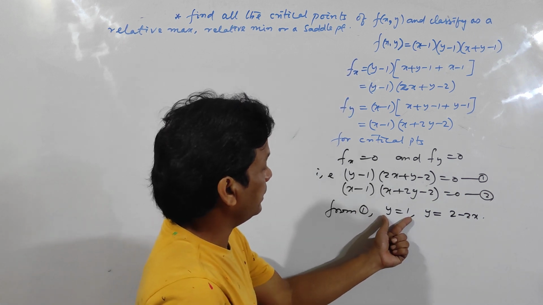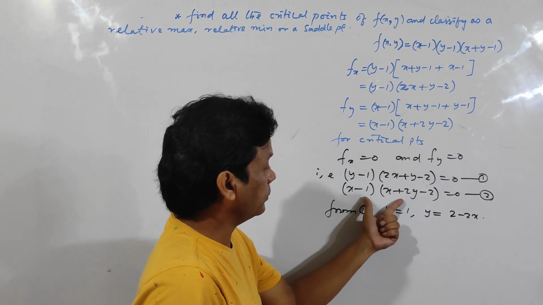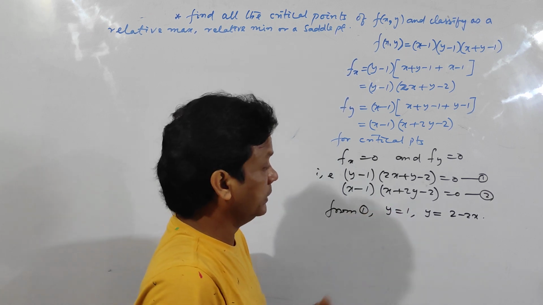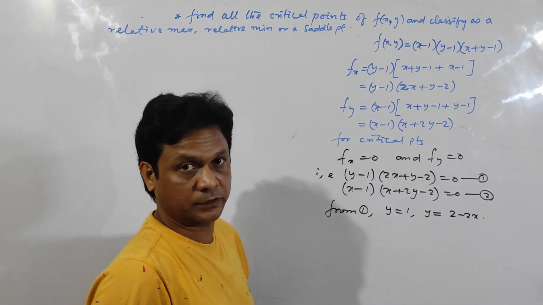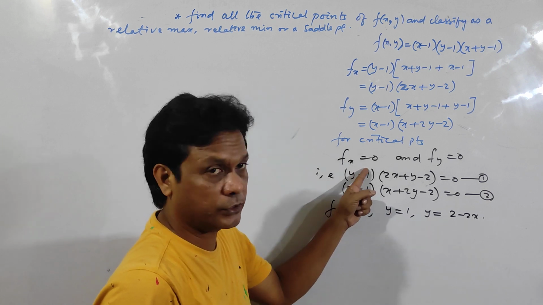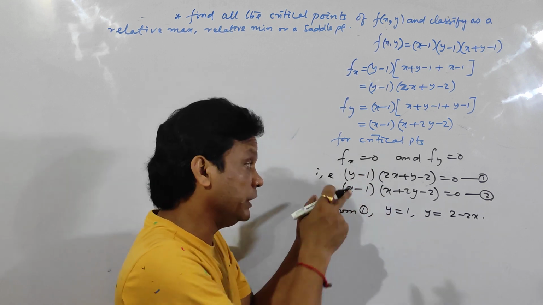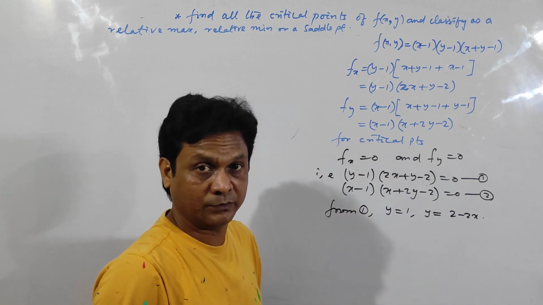So first put y is equal to 1 in equation 2 and find the value of x. Then put y is equal to 2 minus 2x in equation 2 and find the value of x. Because these are the two values obtained from equation 1, you should put these values in equation 2, not in equation 1. If you put them in equation 1, you will get 0.